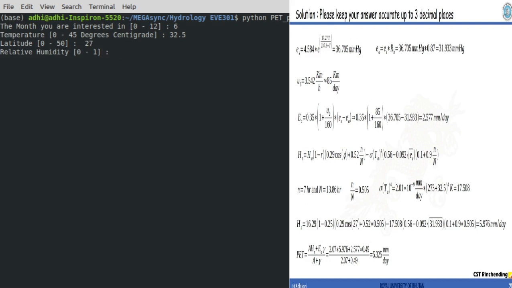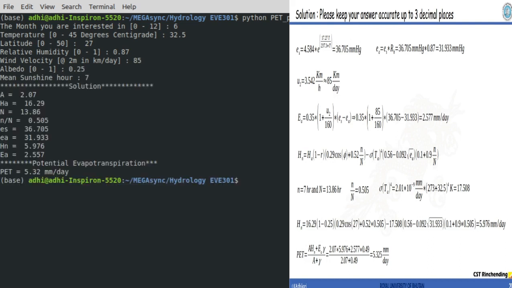Relative humidity is 0.87. Likewise, velocity we have 85 kilometer per day, and albedo taken was 0.25, and further the sunshine hour was 7 hours. So here we got the solution, and like in our manual calculation, the answer exactly matches, which is 5.32 mm per day. So our program is absolutely working.